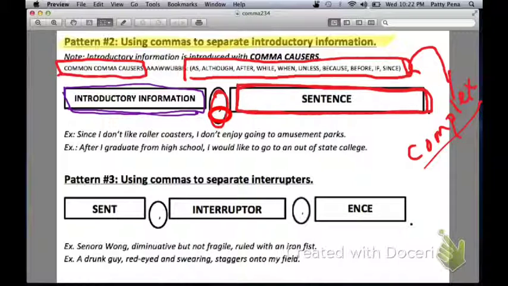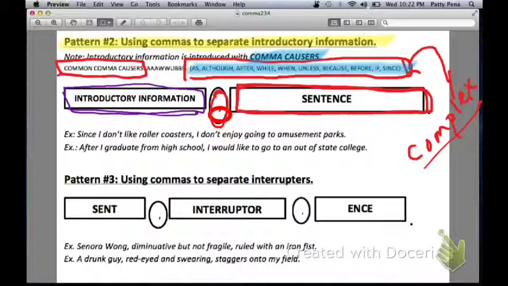Anytime you see a sentence begin with any of these words, you can pretty much rest assured that that sentence is going to have a comma right after that phrase. Right after that phrase that begins with any of these words.